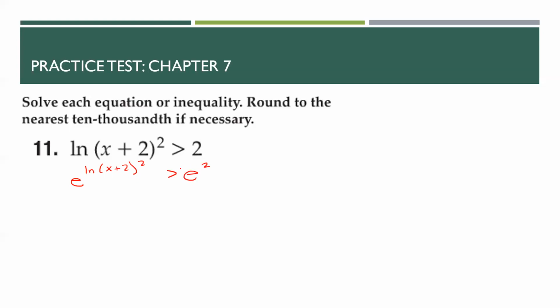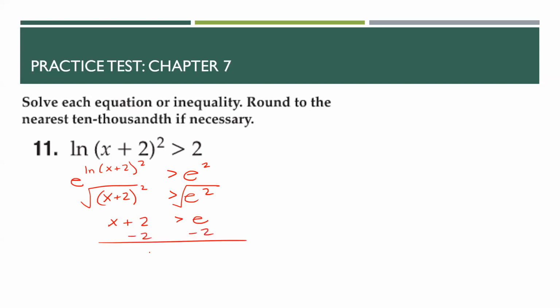And then we've got x plus 2 squared is greater than e squared. So we can take the square root of both sides and we get x plus 2 is greater than e. Then we would subtract 2 from both sides and x is greater than e minus 2.